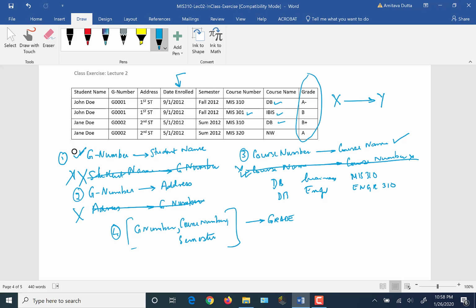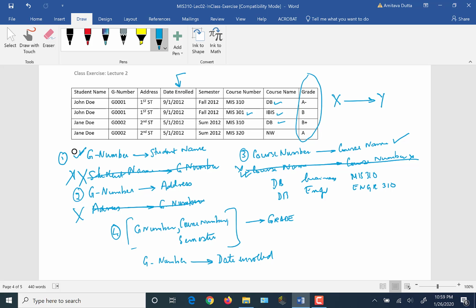So I would say G number determines date enrolled. It depends on what you mean by date enrolled. If date enrolled is when the student entered the program, then of course, if you know the G number, that uniquely determines the date enrolled.